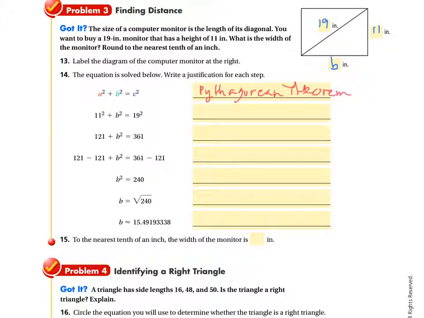They substituted. So this would be substitution property of equality. Then what did they do from here to here? They squared it. So we'll call that simplify.